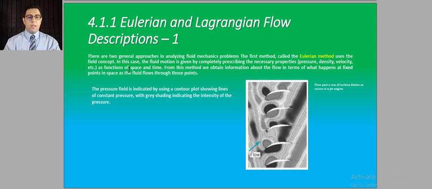Welcome back, guys. So we are going to the first part of section 1 of chapter 4, which is about Eulerian and Lagrangian fluid descriptions. You know, guys, when we want to describe a fluid motion or flow motion, we can do it by two methods.